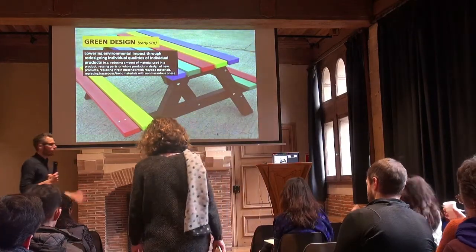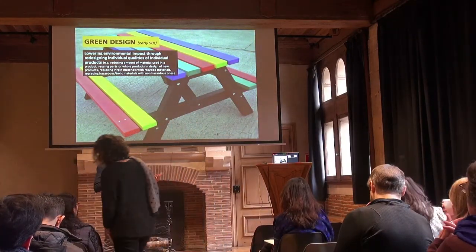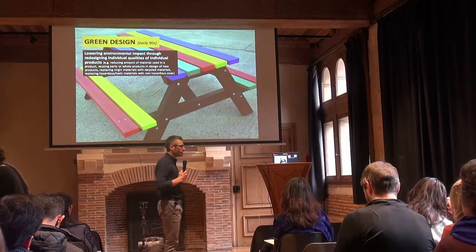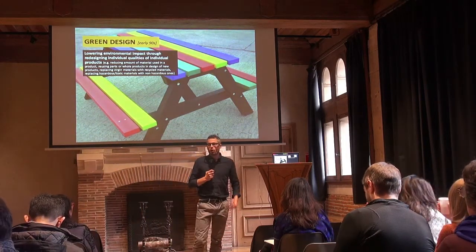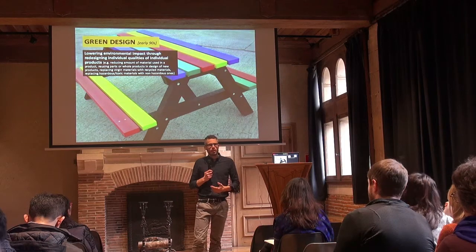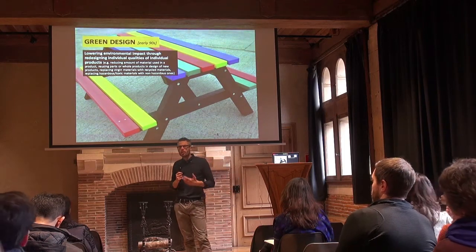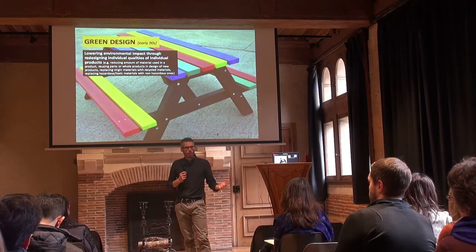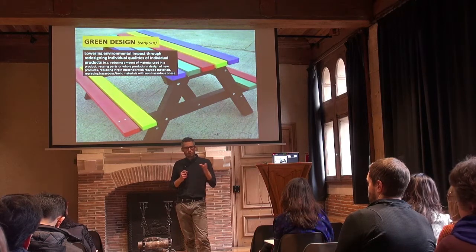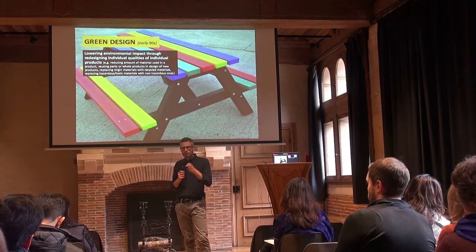So essentially we're talking about changing materials, recyclable and recycled materials, optimizing material content, facilitating disassembly, optimizing the efficiency of products. So very narrow interventions on specific aspects of products.